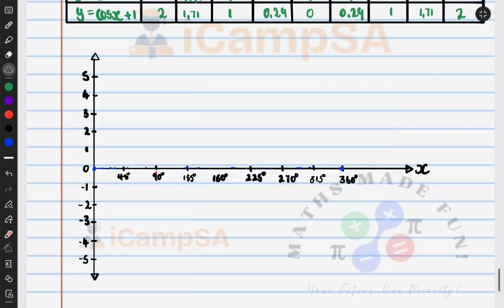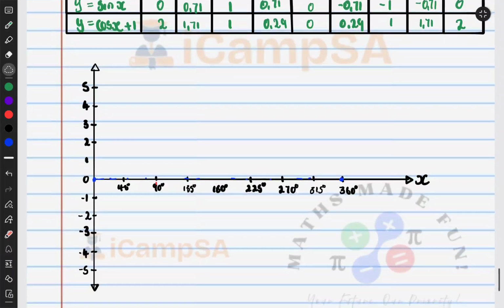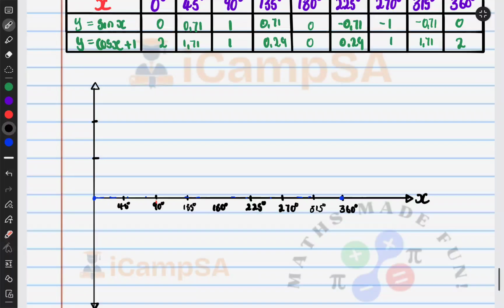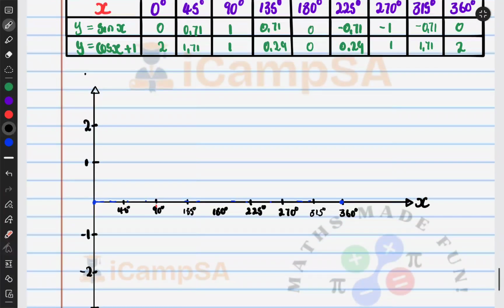And then let's change the scale on the y-axis. I'm just going to go with -1, 1 and 2. Okay, these are the y-axis values.